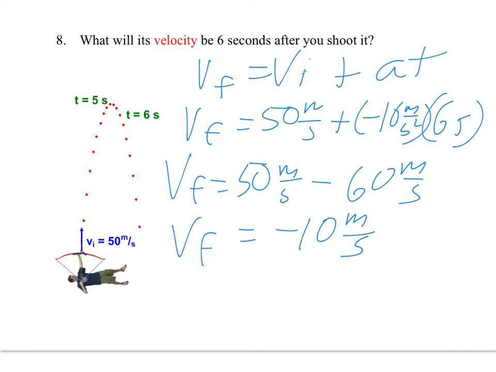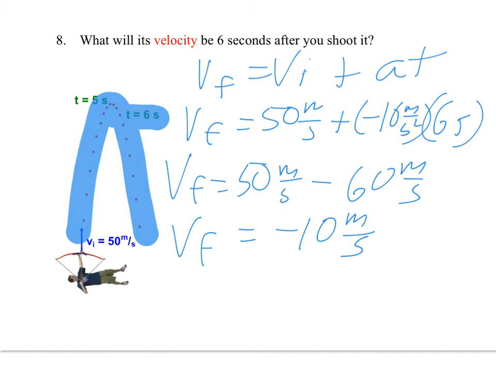The fact that this final velocity has a negative sign in front of it tells us that the arrow is now on its way down. If we look here where time 6 is, you can see we've traced out the path of the arc of the arrow, and now we're past that peak height. The nice part is that the sign of our answer tells us the direction as well as the magnitude.